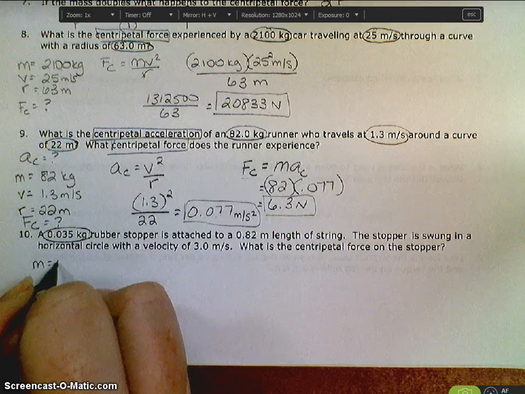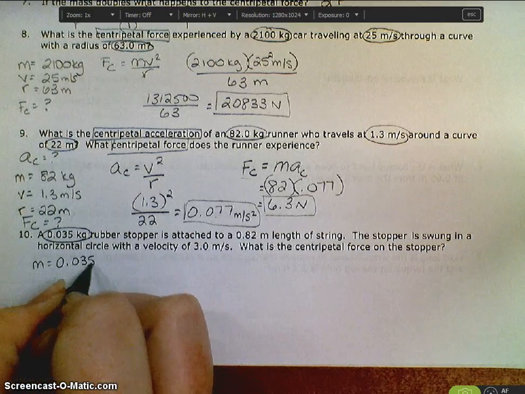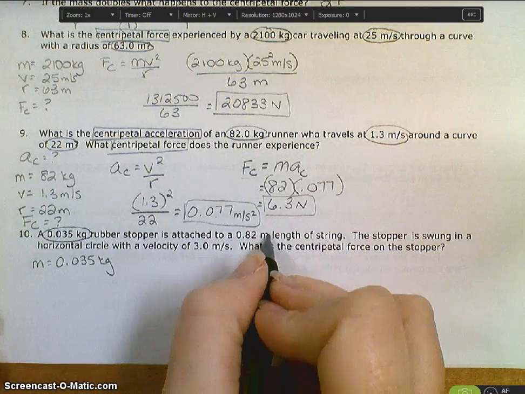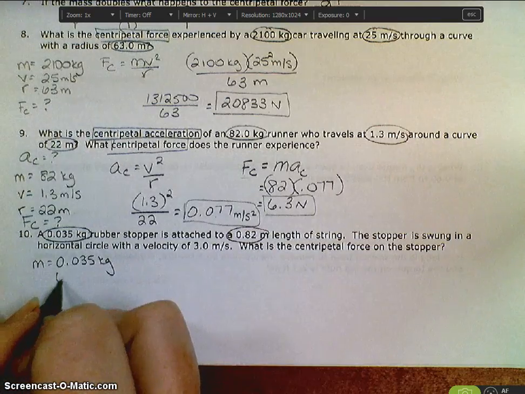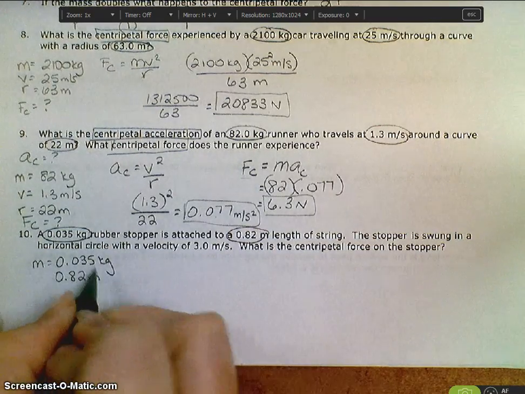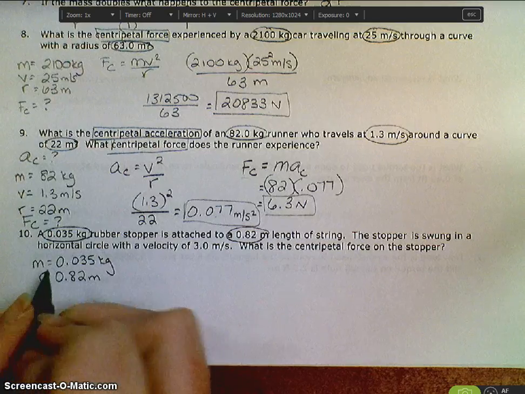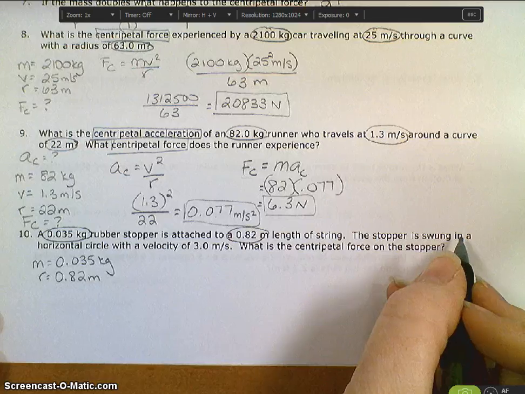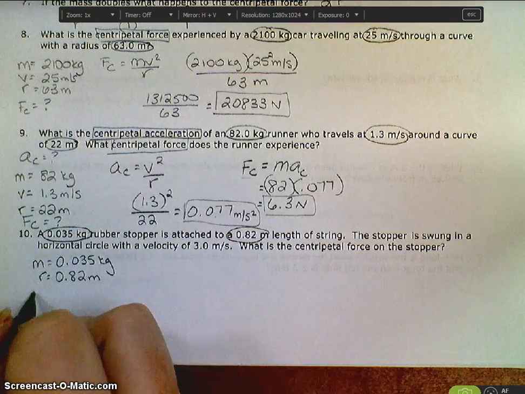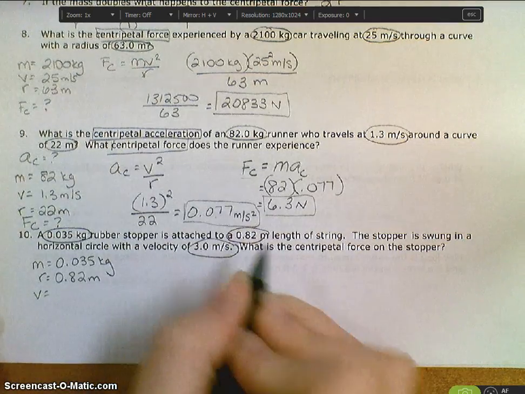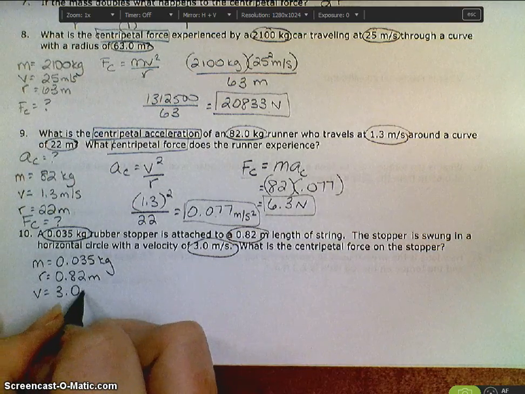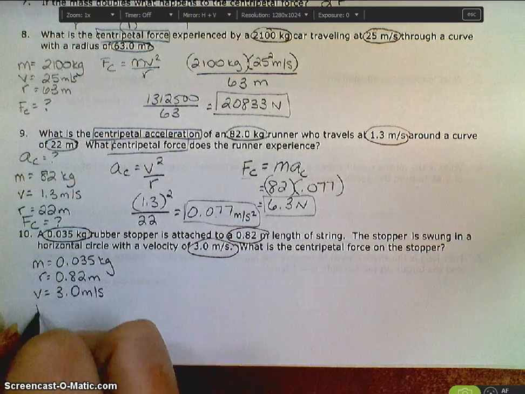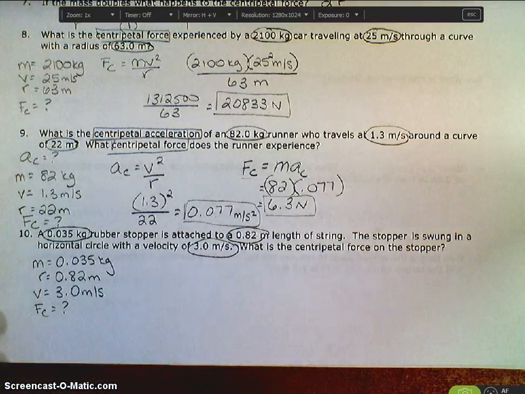I have a mass of 0.035 kilograms, and I have a string that is 0.82 meters. This stopper on the string is swung in a circle with a velocity of 3 meters per second. The question is, find the centripetal force.